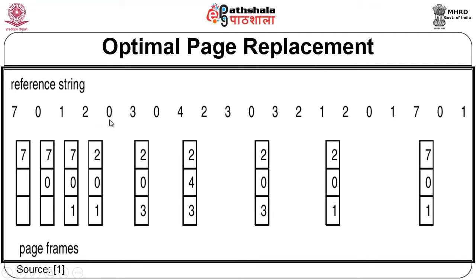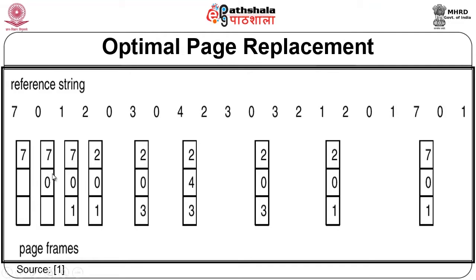0, you see that very soon it will be referred to. Then you see 1 will also be referred to after that. Then after some time 7 will be referred to. So, you see that 7 is the page that will not be referred to in the near future.